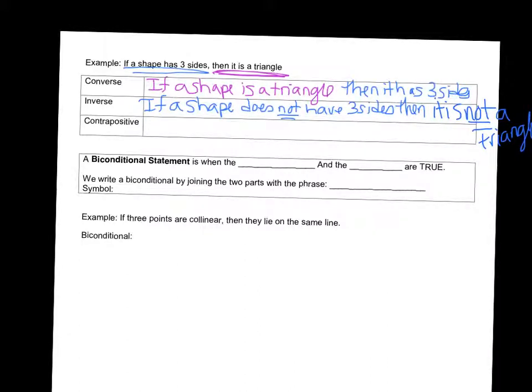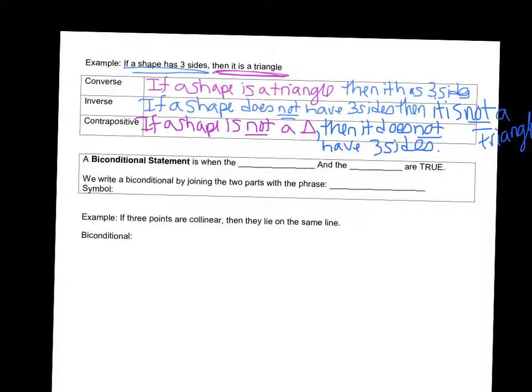Okay, so again, same order. The last one though, contrapositive, you switch and negate. So if a shape is not a triangle, and I'm just going to use this symbol here for space, then it does not have 3 sides. Okay, so you need to know converse, switch, inverse, negate, contrapositive, switch and negate.